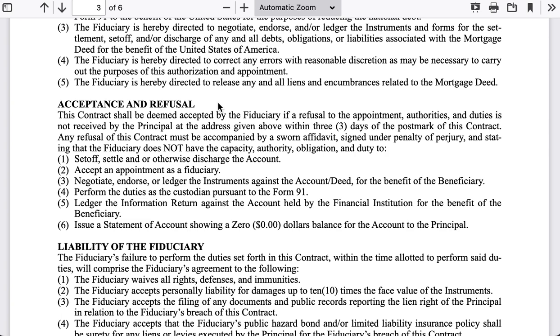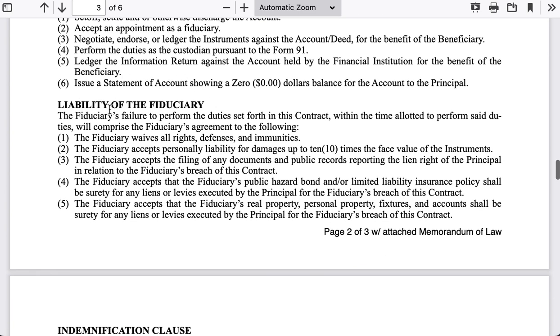Especially since we're dealing with this pledge, this pledge to support the Constitution of the United States. This contract where your constitutional rights are intact and they are required to help you and protect property and things of this nature, to protect your rights. So, acceptance and refusal is important. And also this part is important.